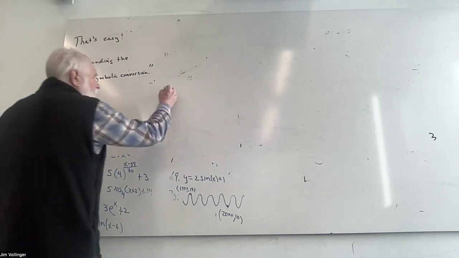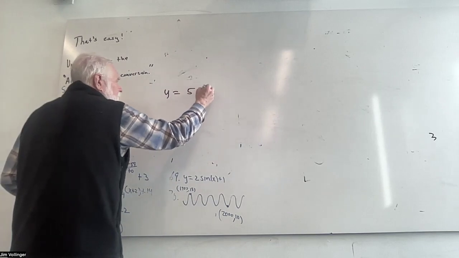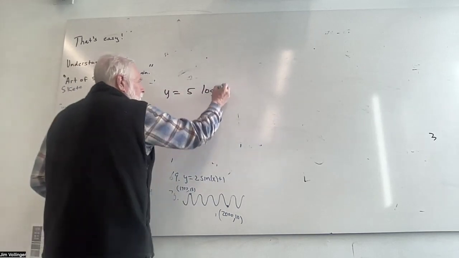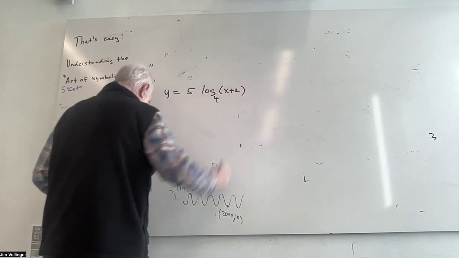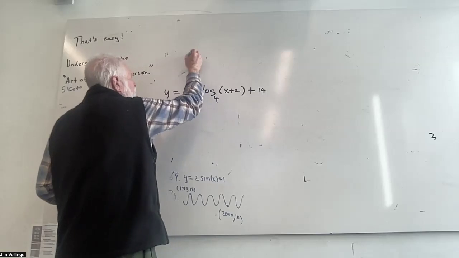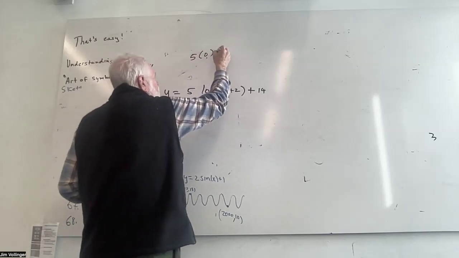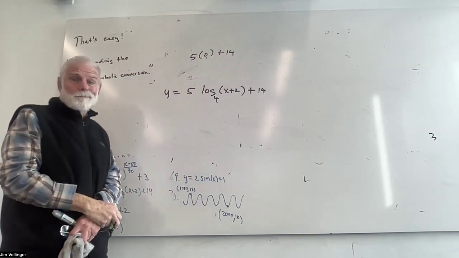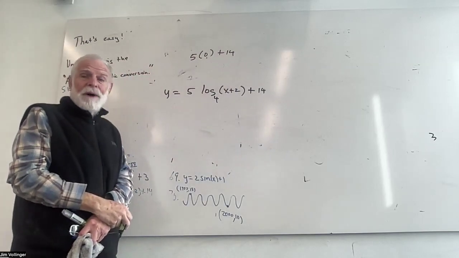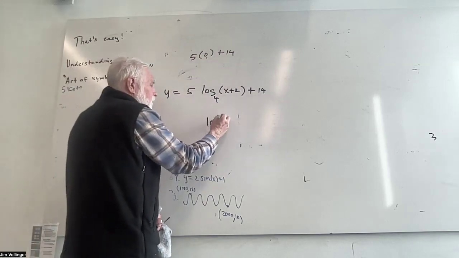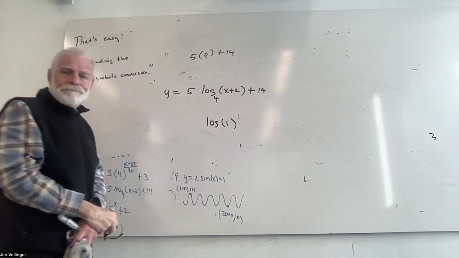Okay, now we have y equals 5 log base 4 of (x plus 2) plus 14. Can you see 5 times 0 plus 14? Time to ponder. Well, the only way I can make a log 0 is if the parentheses is 1.